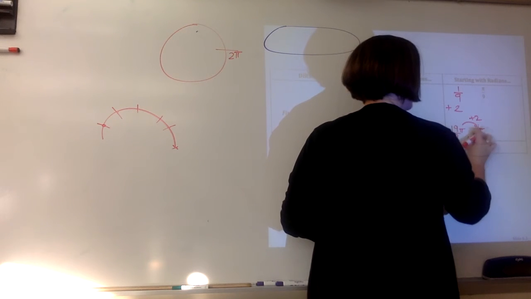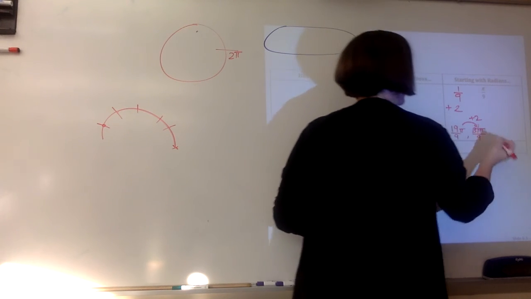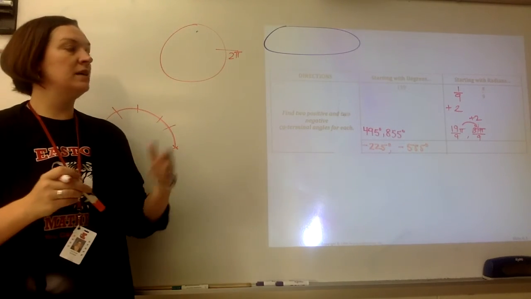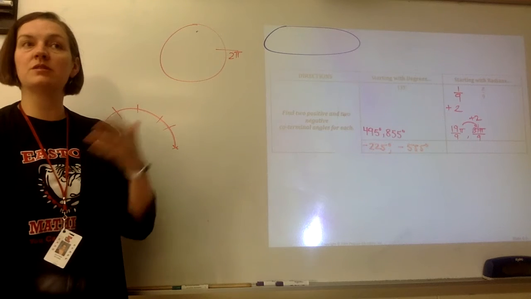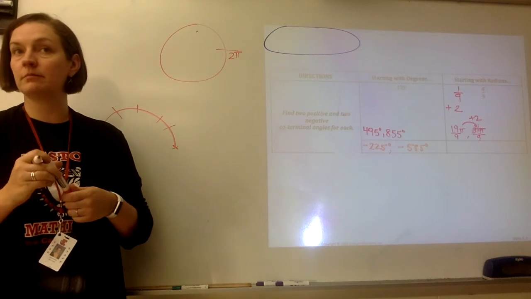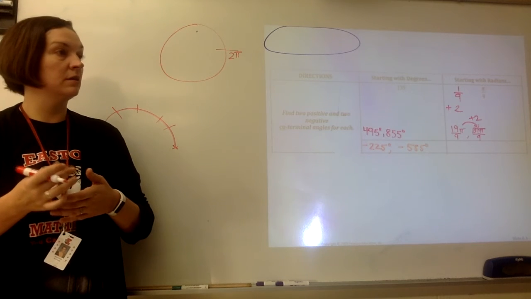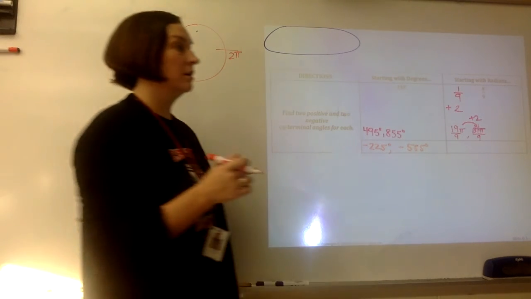It's not 3, 37 over 9. Okay, you can put it in. 19 divided by 9 plus 2, enter, fraction, convert, and go from there. Good? Questions? In your calculator?